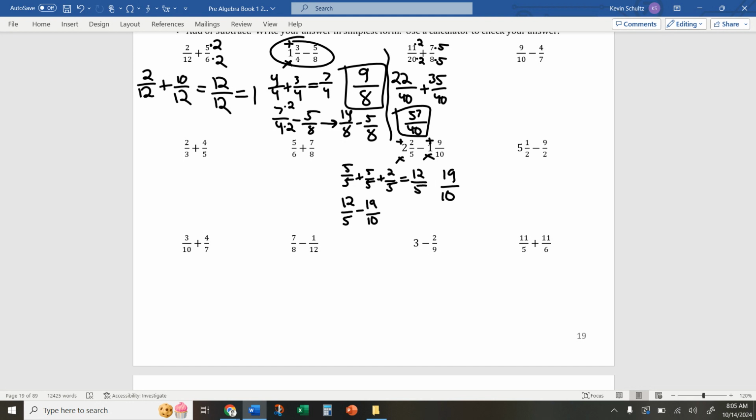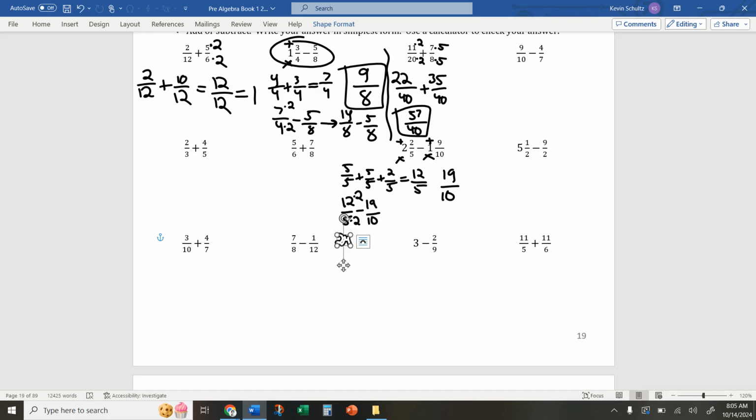What's the least common multiple of 5 and 10? You start counting by 5s, counting by 10s. What number pops up first? Ellie. 10! Ava, how do we get there? You multiply 5 times 2. Multiply by 2! Yeah! So this ends up being 24. Whoops. Oh, I get to practice erasing again.